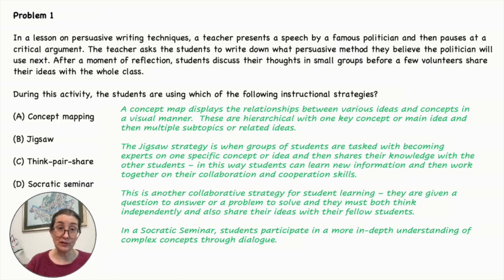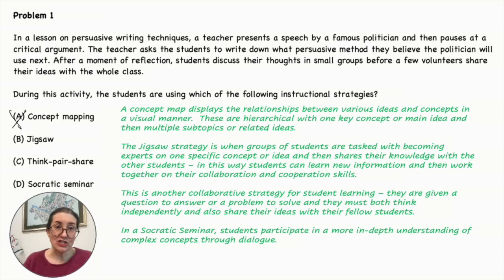Let's go through each of these. A concept map displays the relationships between various ideas and concepts in a visual manner. These are hierarchical with one key concept or main idea and then multiple subtopics or related ideas. So I think we can rule this one out because this was not a visual exercise. Jigsaw.